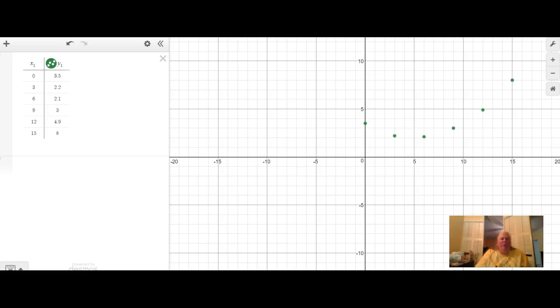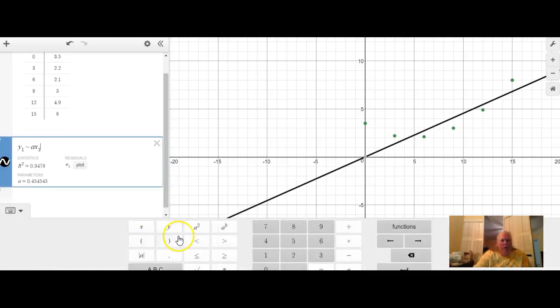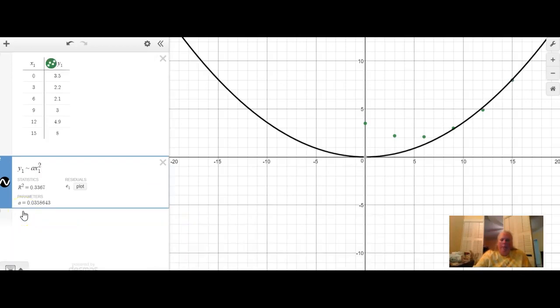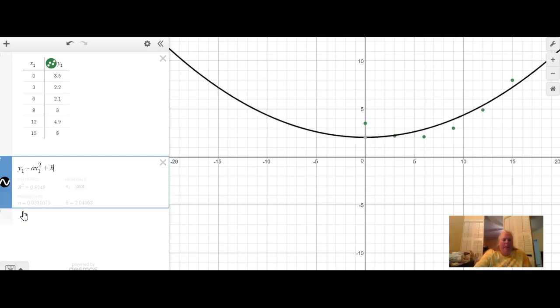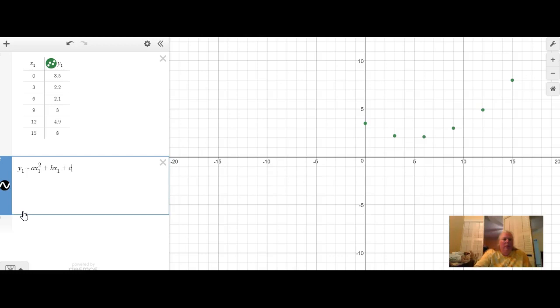Okay, to figure out what our regression equation is going to be, we're going to put in y1 approximately equal to a times x1 squared, plus b times x1, and then plus c.